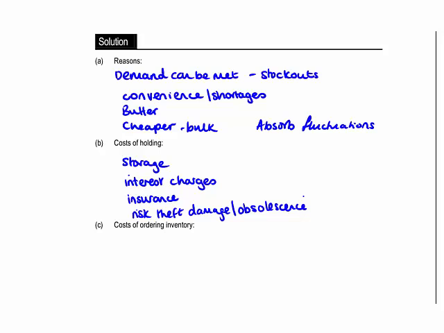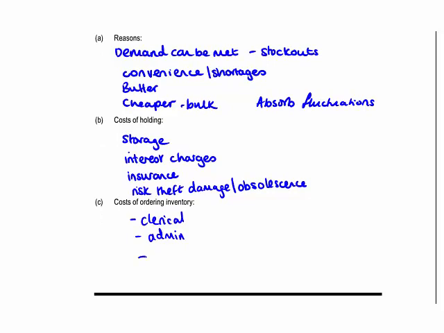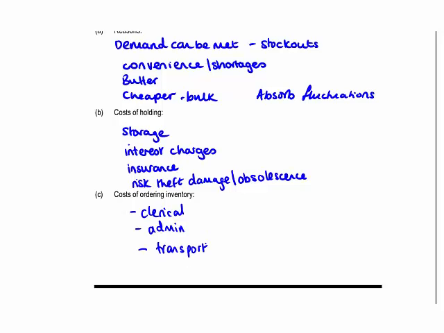Equally though, we don't want to place an order every day, so we need to think about the costs of ordering. Those could be the clerical costs. They could be the costs of administering the order, so actually placing the order and checking the goods received, and also the transport costs. So with food, that might be the cost of perhaps an online shop.